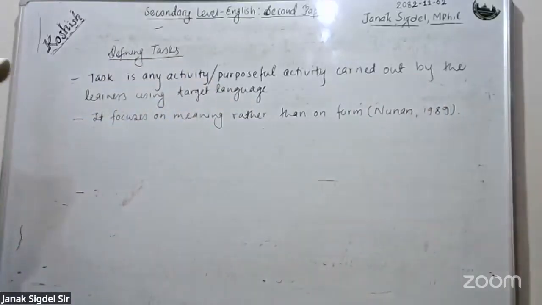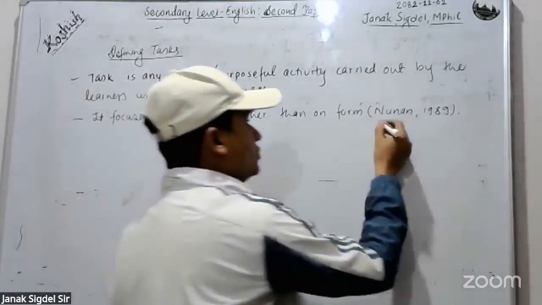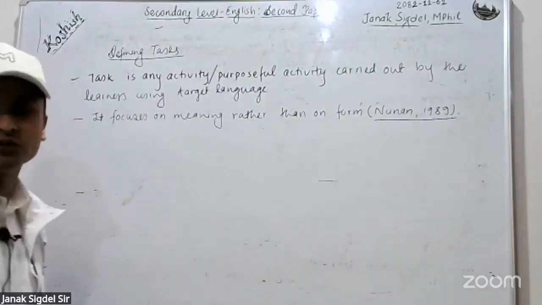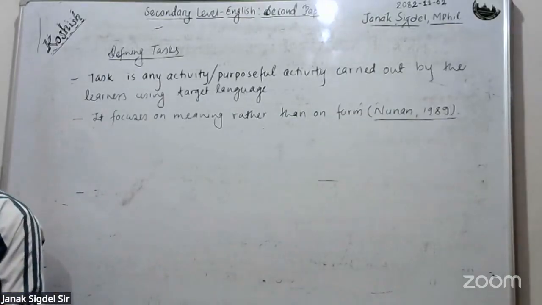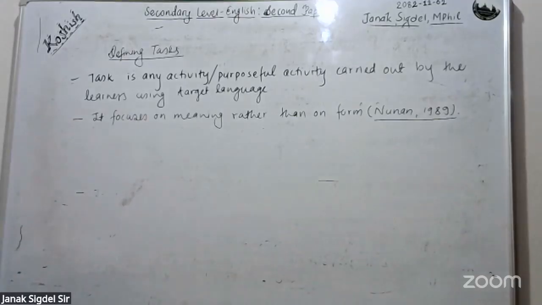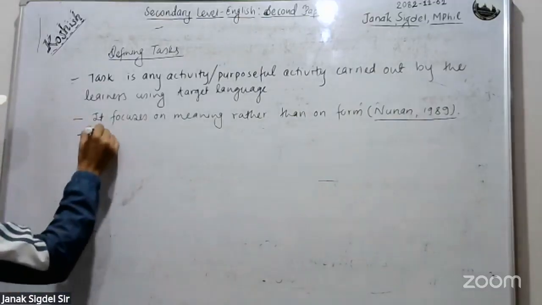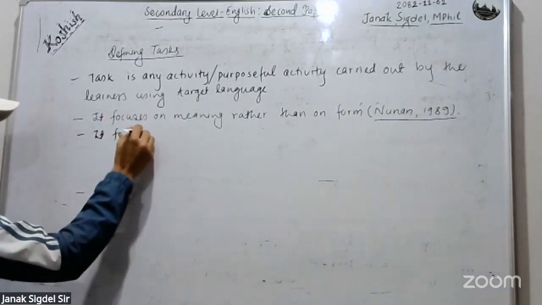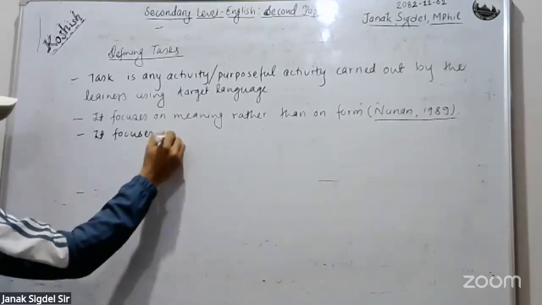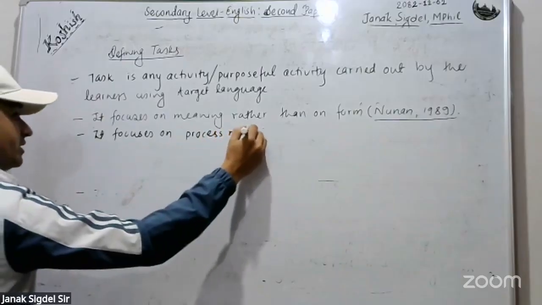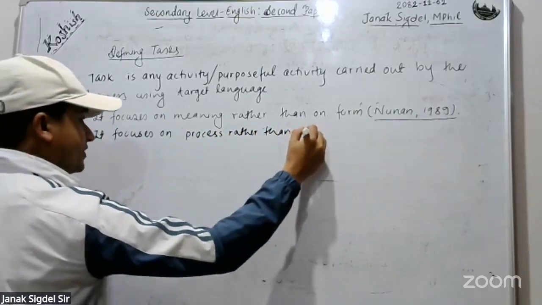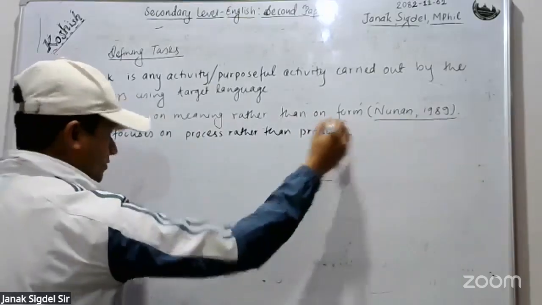Okay, to make our answer authentic, I have cited Nunan 1989. This is the thing you need to know. Okay, so you must have understood up to here, right? Okay, nice. What a good comment you have made. So simply it focuses on, look at the next one, it focuses on process rather than product. It puts more emphasis on process than on product.